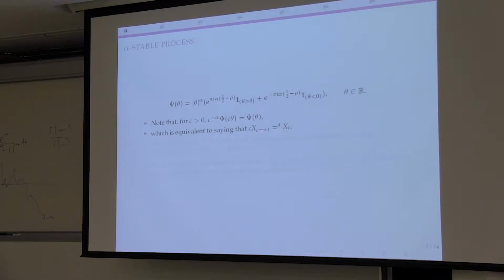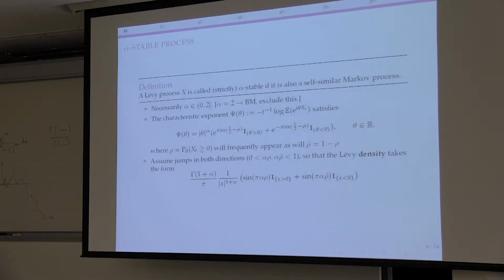Okay, so you can see here that the scaling, the self-similarity is already present in the exponent. As an exercise, you can check that if you scale the process in space, that's equivalent to replacing theta by c times theta. And if you scale it in time, you remember the exponent fulfills this relation, so it's e to the minus psi t.